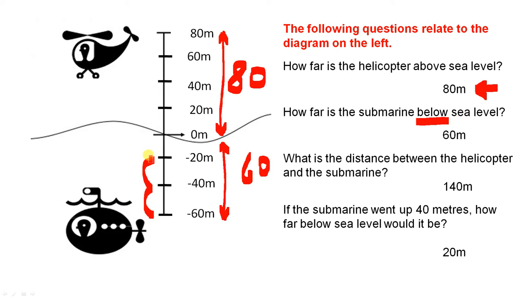So it would be there, because that's a distance of 40 meters from there to there. So how far below sea level would it be? We're already saying below, so we're just after the distance. It would be 20 meters below.